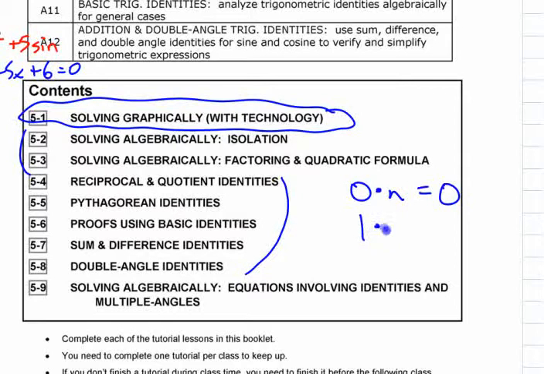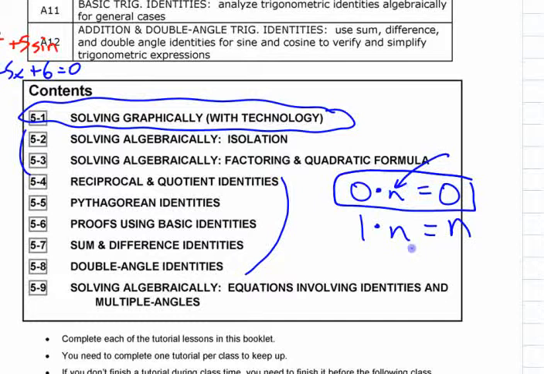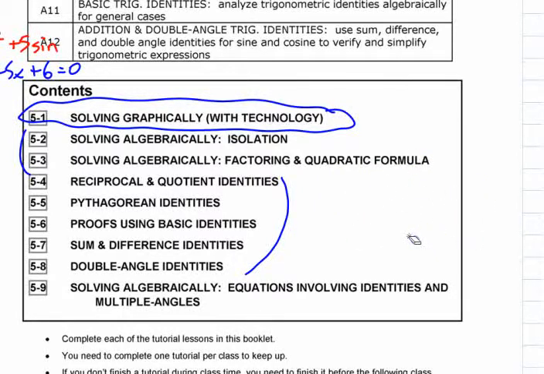Or 1 times some number is always equal to the number, right? These are identities, which means it's a true statement for every value of the variable. That's what an identity is.